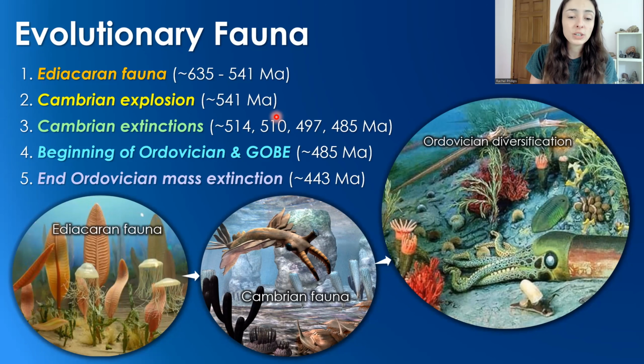Now, with each of these stages in animal life evolution, we had what we call different evolutionary fauna, kind of groups or types of animal life that evolved at each stage of these events. So let me just really quickly go through each faunal stage, because one of the major impacts of the GOBE was shifting evolutionary faunas from one fauna type to another.